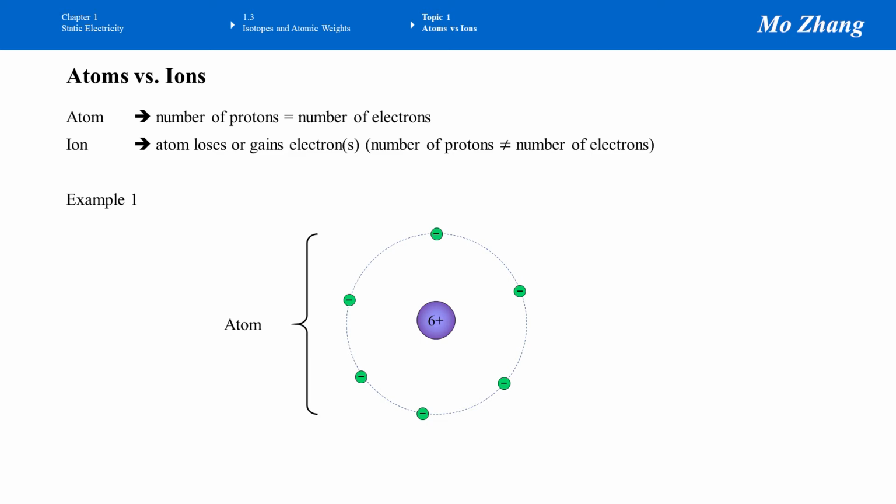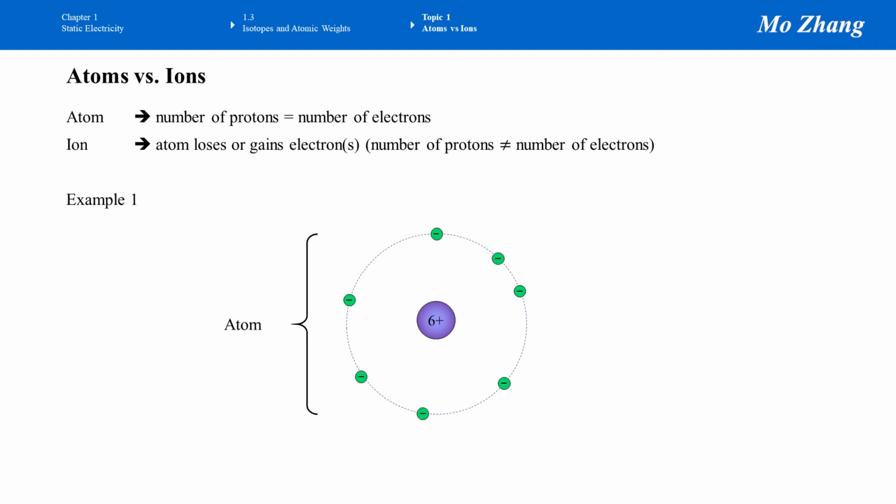Let's take a look at this scenario. For some reason, there is a floating electron in the surrounding area. Let's grab it and insert it into this atom. There. Now there are 7 electrons. The number of protons remains the same, which is 6 protons.